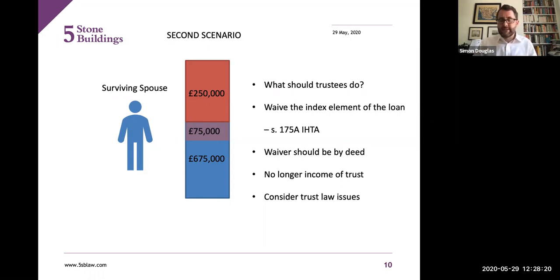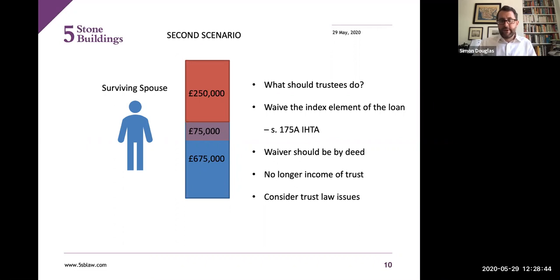So it'll go back into the surviving spouse's estate, but that's okay because it's there taxed at a rate of 0%. And it should not therefore be treated as income of the trustees, where it would be within the income tax regime.